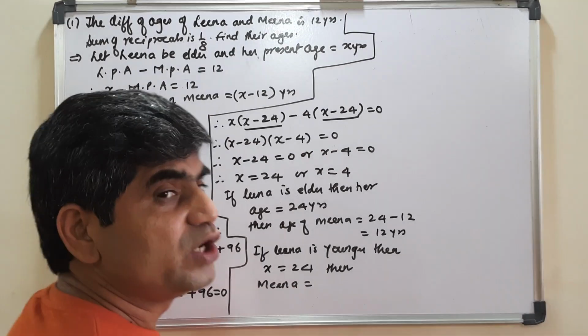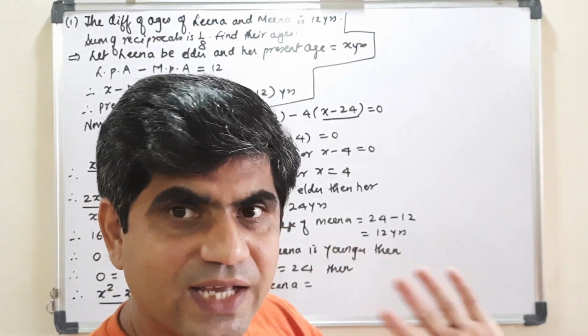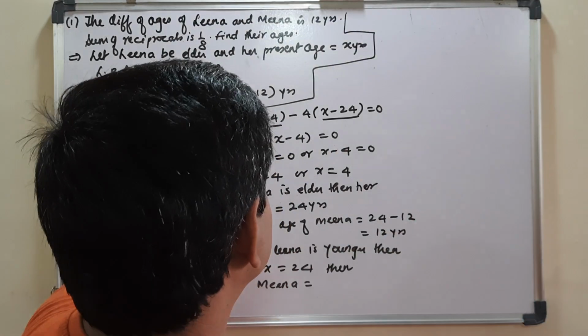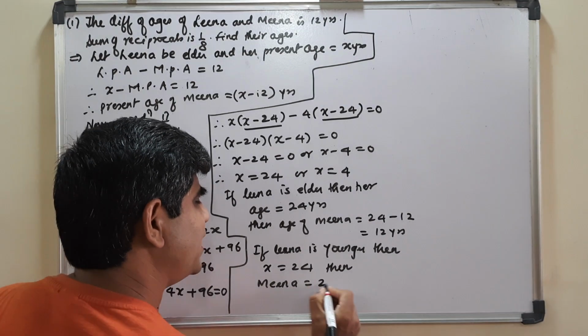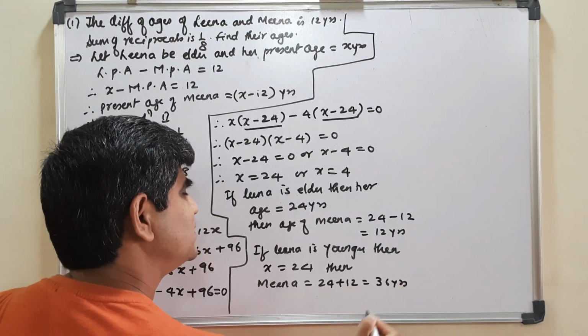Meena will be 12 years elder than her, right? She will be more than 12 years older, because the difference is 12. That means Meena's age will be 24 plus 12, that is 36 years, right?